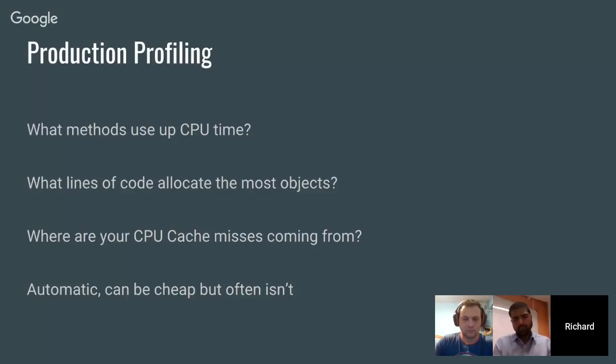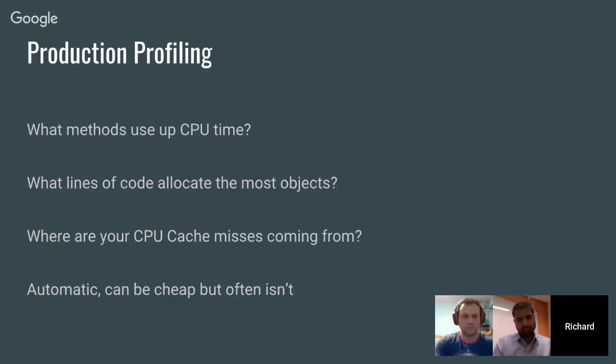So which methods use up CPU time, which lines of code allocate the most objects, where your CPU cache misses come from. I mean, that's a more esoteric type of profile, but again, it's about tying a bit of your code base back to the usage of a resource in production, be it CPU, memory, more fine-grained things than that.